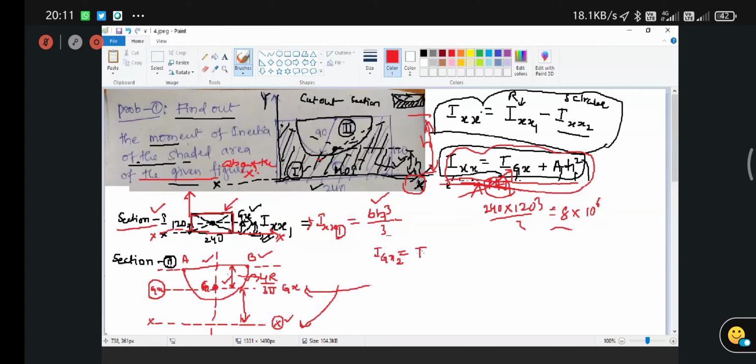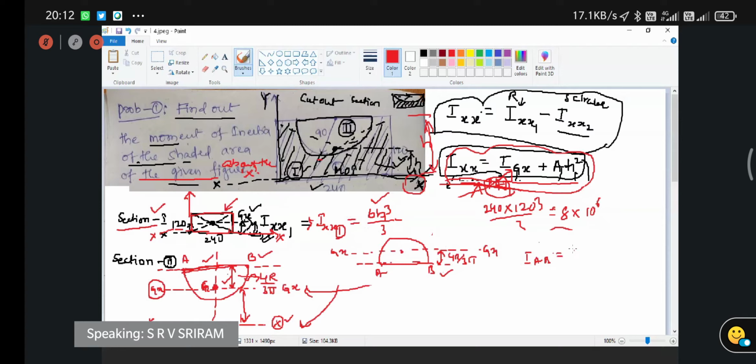About the base axis directly, I have the formula pi r power 4 by 8. Do you remember this formula? This is pi r 4 by 8. But if you want to find the moment of inertia about the central axis, Igx, it equals IAB minus the area of that particular geometry into h2 whole square.